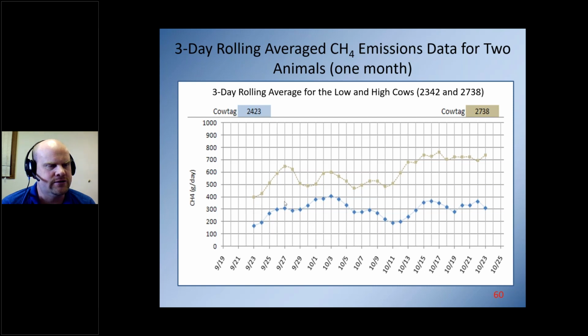You can see clearly that there's a very consistent trend in rolling averages of one animal consistently emitting more than another animal. And again, the variation from the study is probably higher because they had large American Holsteins mixed with Frisian animals. So the difference between the highest emitting and low emitting animal in this case is probably less than most dairy environments.